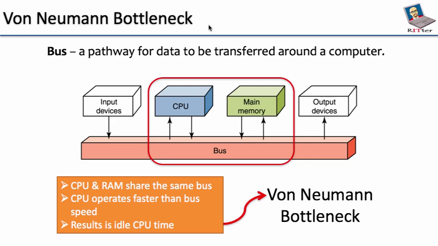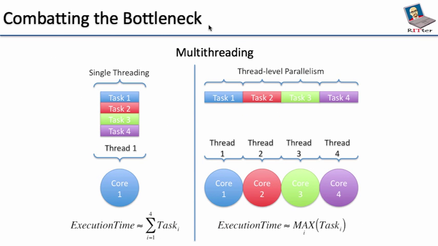So to try and overcome that, computer designers and manufacturers have done lots of different things to overcome the von Neumann bottleneck. One of the earlier ones, probably from the early 2000s, was the concept of multi-threading. And Intel implemented a version of this, they called it hyper-threading.